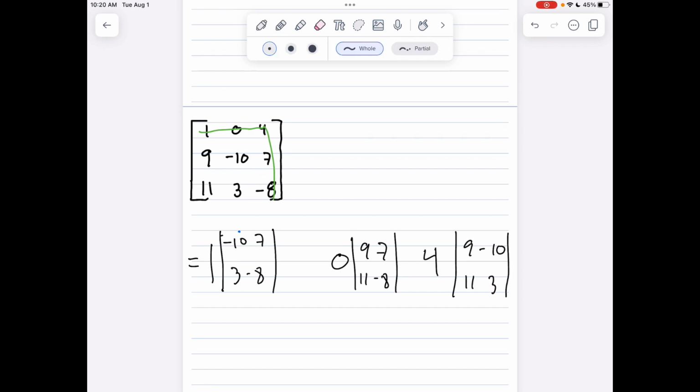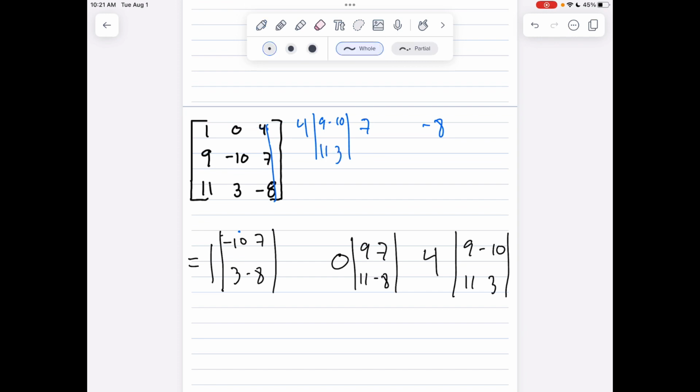Just as an example, if I had worked with the third column instead, 4, 7, minus 8, you would write a 4, a 7, and a minus 8. Then start with the first number, the 4, block the row and column it's in, and you would have 9, minus 10, 11, and 3.